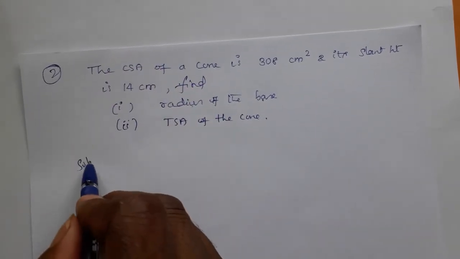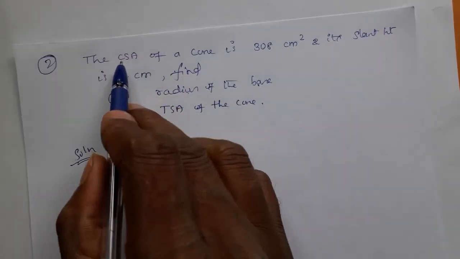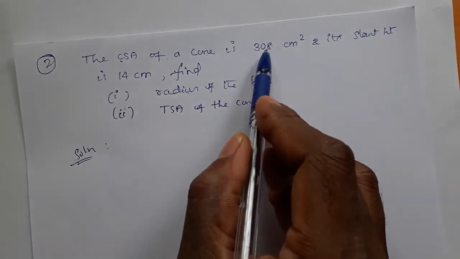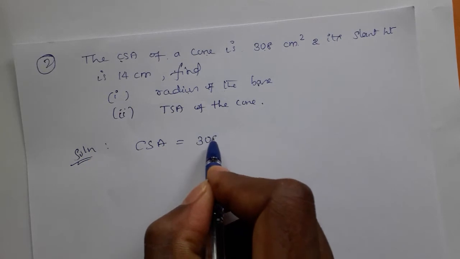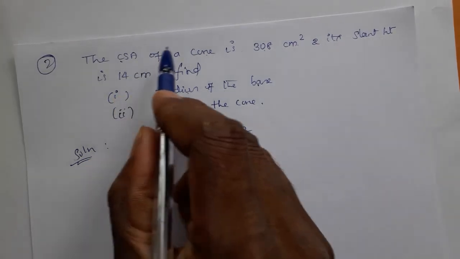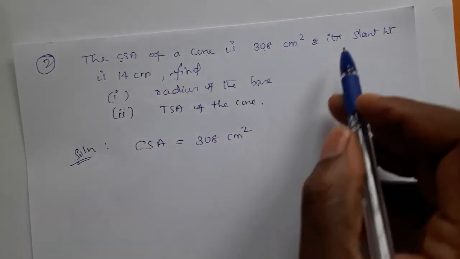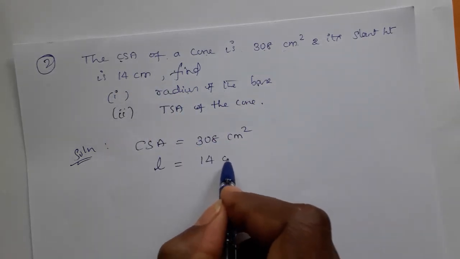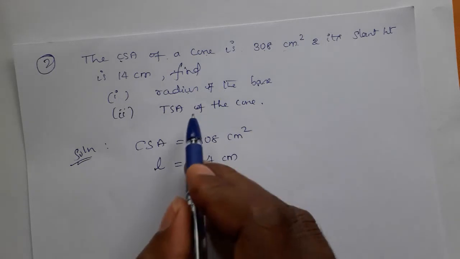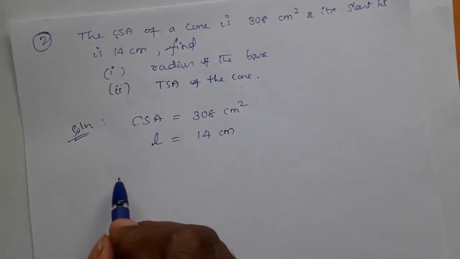First we write the data in the solution. The curved surface area of the cone is 308 centimeter square. Its slant height is 14 centimeter. Radius we have to find out, and total surface area we have to find out.